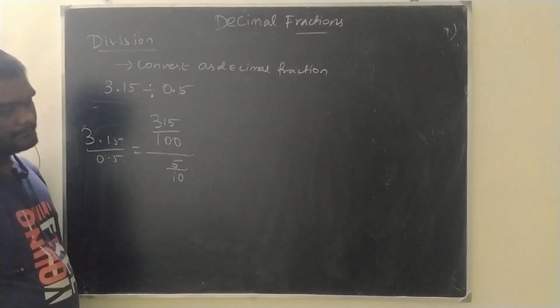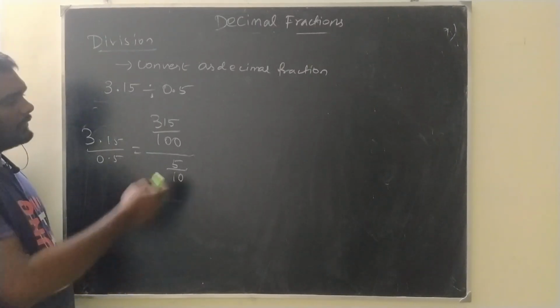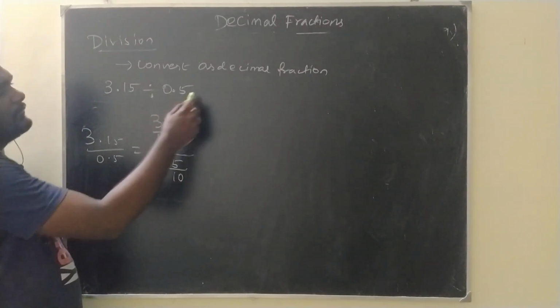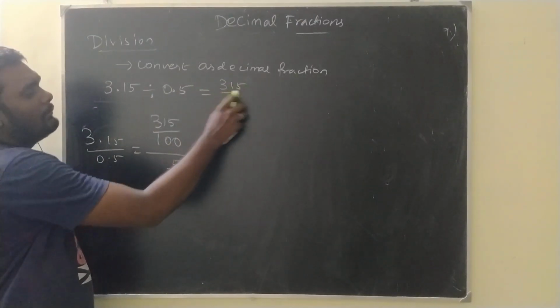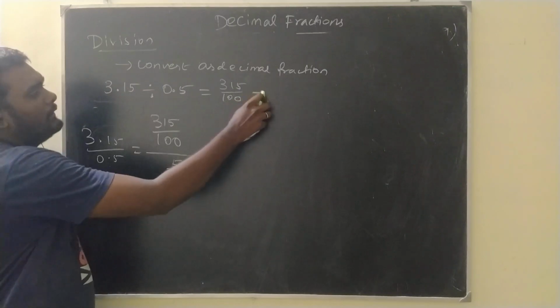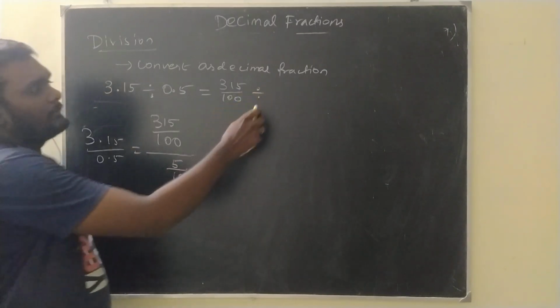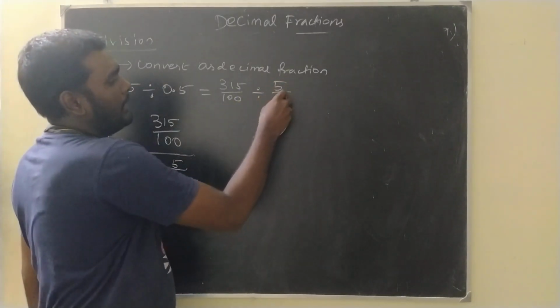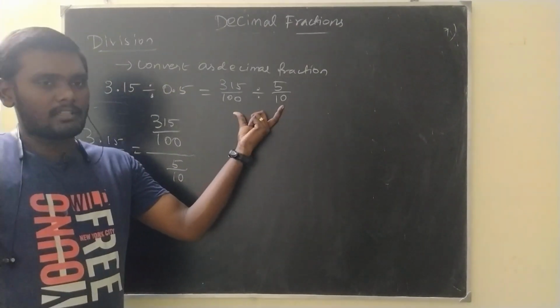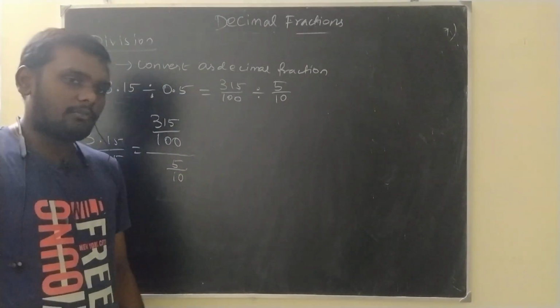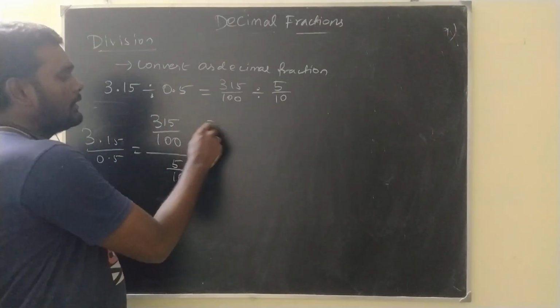If this feels tough for you, here itself we can write 3.15 as 315 by 100 divided by 5 by 10. Now this is division of two fractions. How can we do division of two fractions? Can you remember?